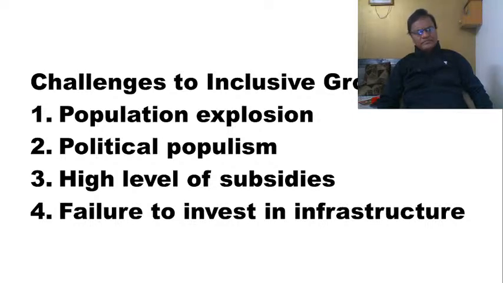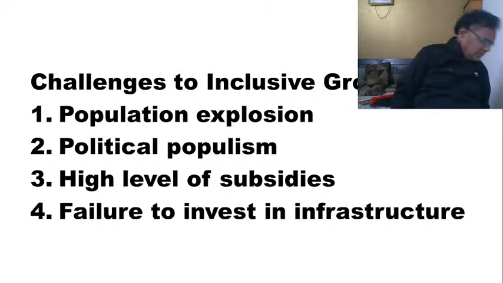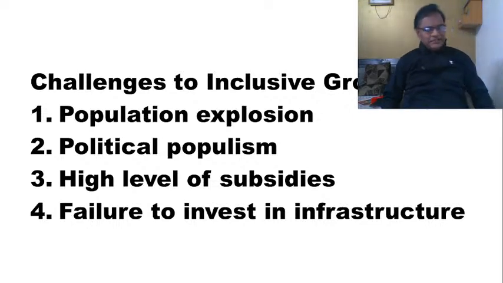Very important. The next major challenge to inclusive growth is what we call political populism. What is happening with political populism? Every political party believes only in winning elections immediately. How? Give as many subsidies as you want. And what is the reason given for all these subsidies?